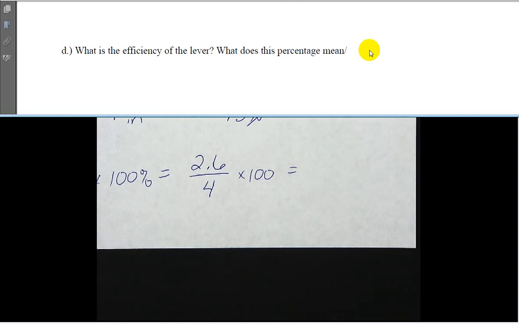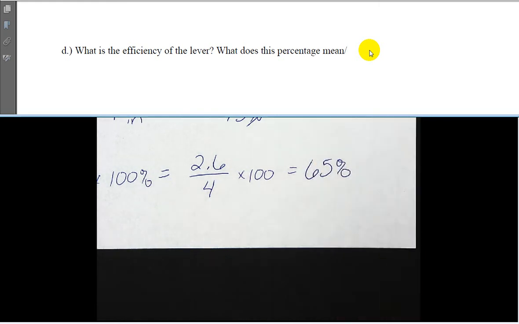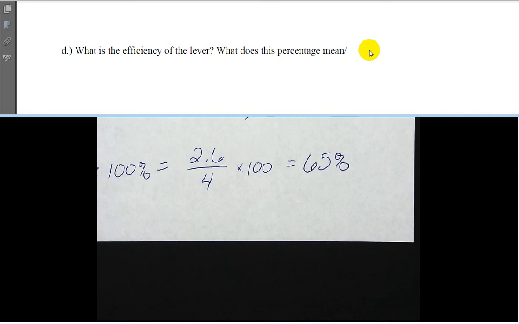After I plugged it in, 2.6 divided by 4 times 100, I get 65%. So my efficiency was only 65%. That means we've lost some of our energy to maybe heat or friction or something like that.